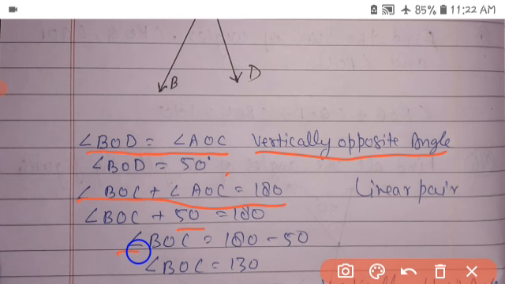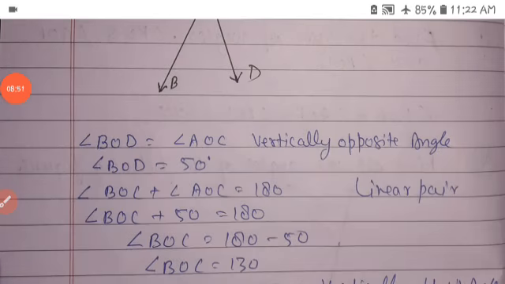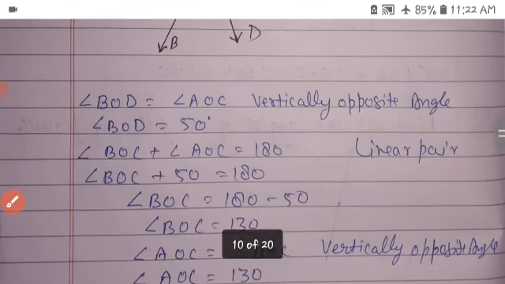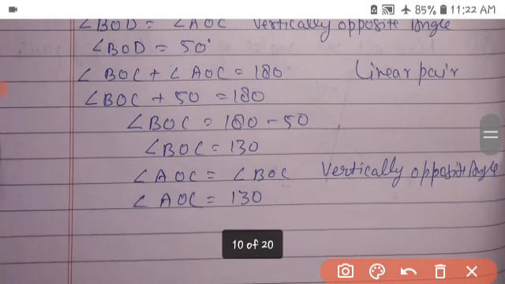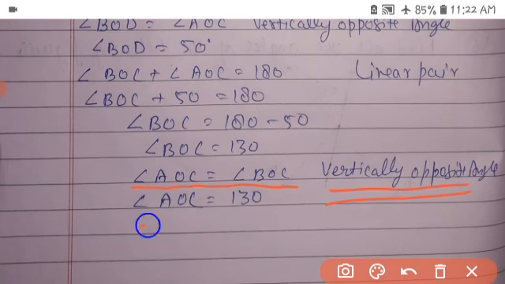Now BOC is equal to 180 minus 50. Angle BOC is equal to 130 degrees. Now angle AOC is equal to BOC, vertically opposite angles. So angle AOC is equal to 130 degrees.